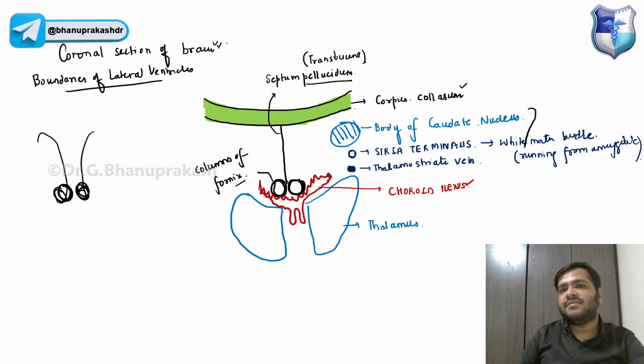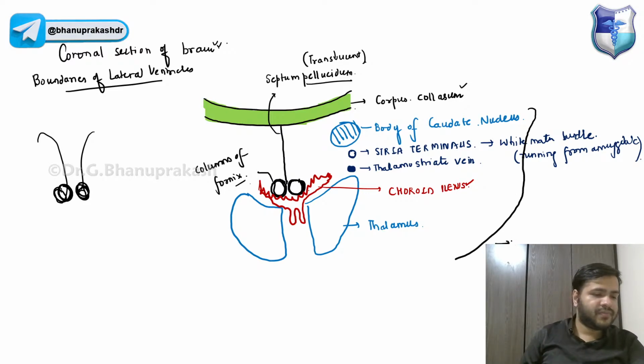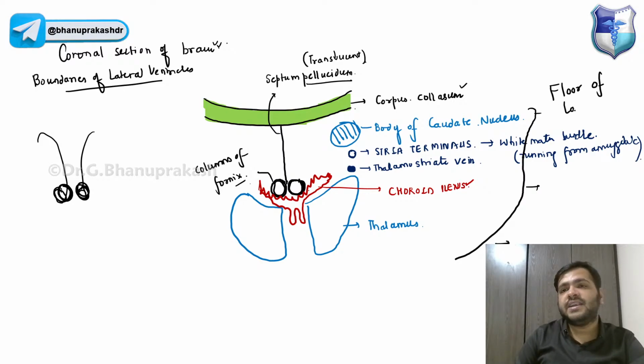stria terminalis, thalamostriate vein, choroid plexus, and the thalamus, they all will form the floor of the lateral ventricle. The roof is formed by the corpus callosum.